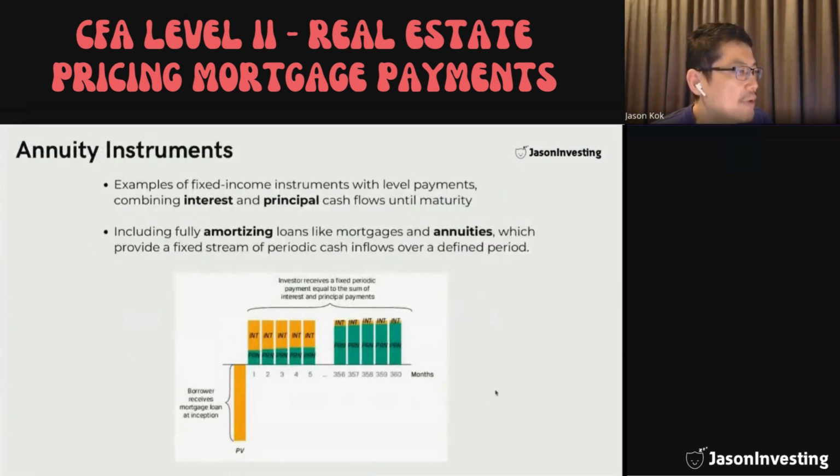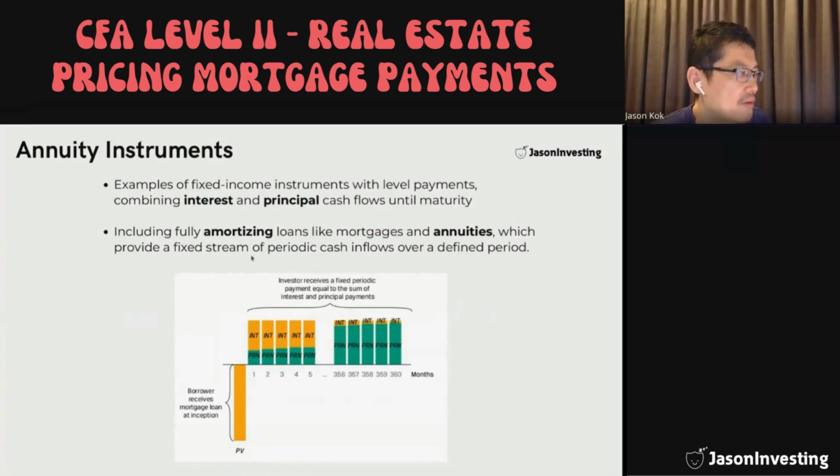Okay, so now we come to the annuity instruments. Like I said before, the previous payment, the fixed rate payment you have, is also called an annuity. So the payments are all the same. The interesting thing about this is that you are actually paying off both the interest and the principal at the same time.